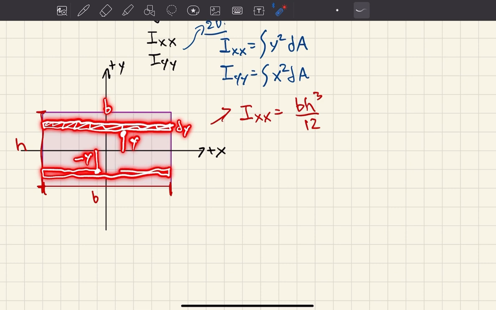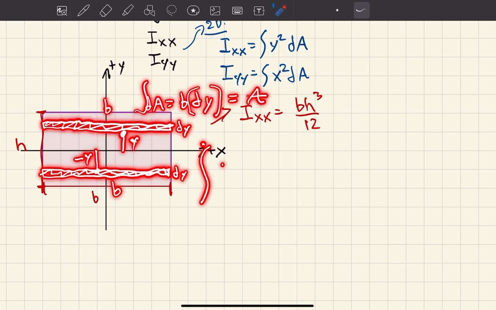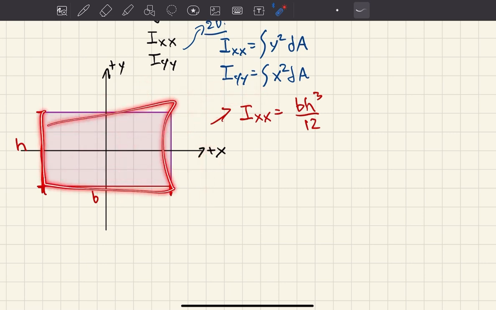So we're going to have an infinite amount of slices. Again, this has a length dy, a very, very small length in the y direction, multiplied by b. So if I take the integral of all of these dAs, because dA is equal to b times dy, I'm going to get the full area, this entire area.